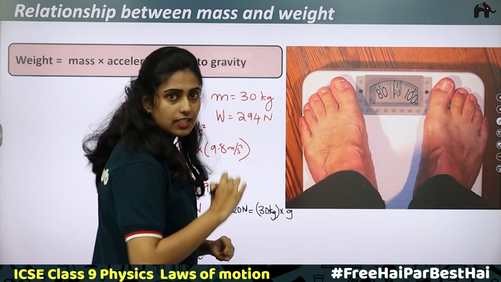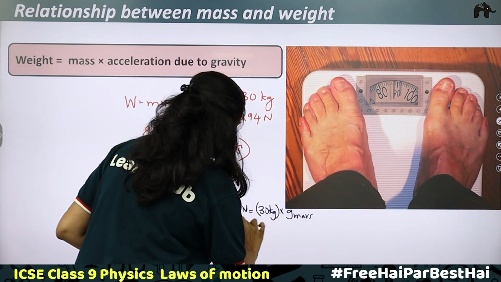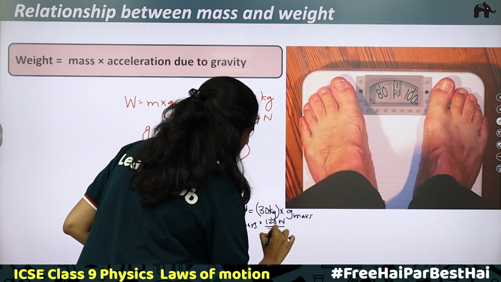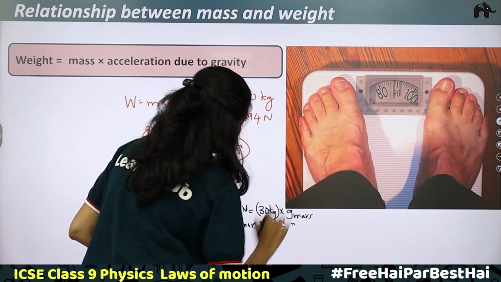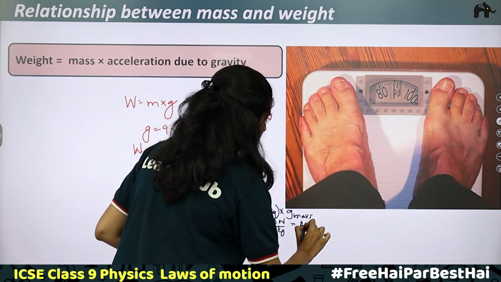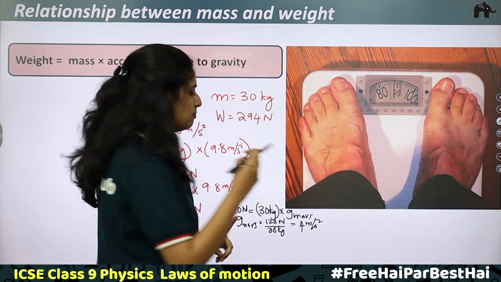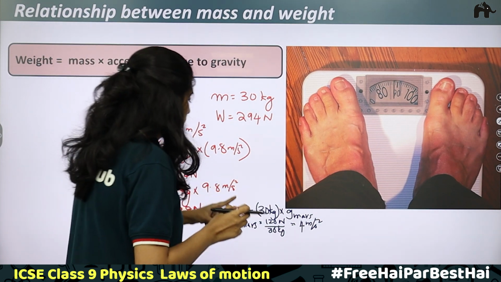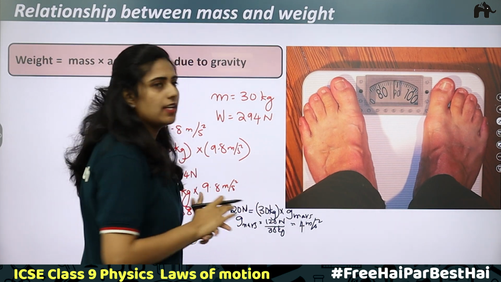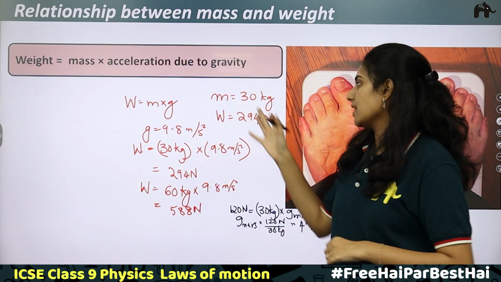We don't know what the acceleration due to gravity on Mars is, so we can find it. g on Mars will be equal to 120 Newton divided by 30 kilogram, which is approximately 4 meter per second square. If you need to find it on the moon, on the moon we got 48 Newton as the weight for 30 kilogram mass, so g on the moon can be determined. Clear?